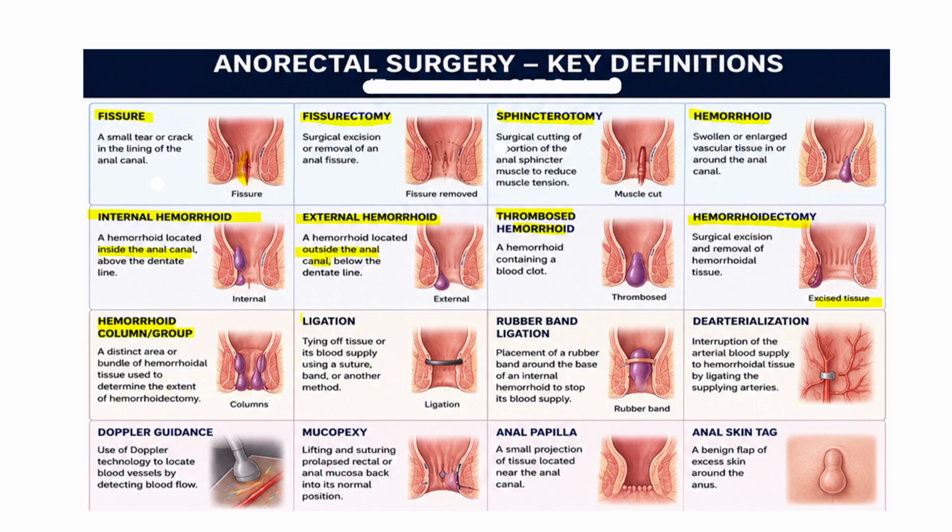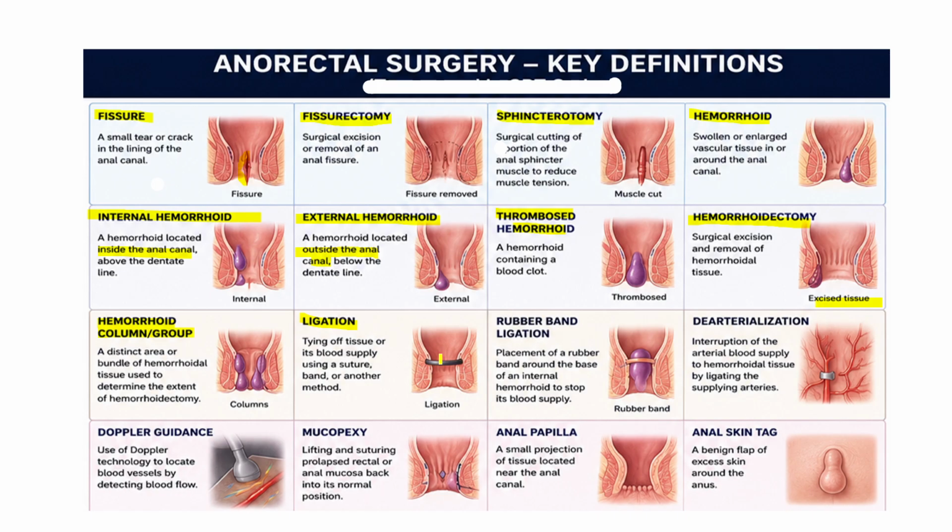Next we have ligation. In ligation, there will be a tying of the tissue, using a suture or a band or another method the physician will use.